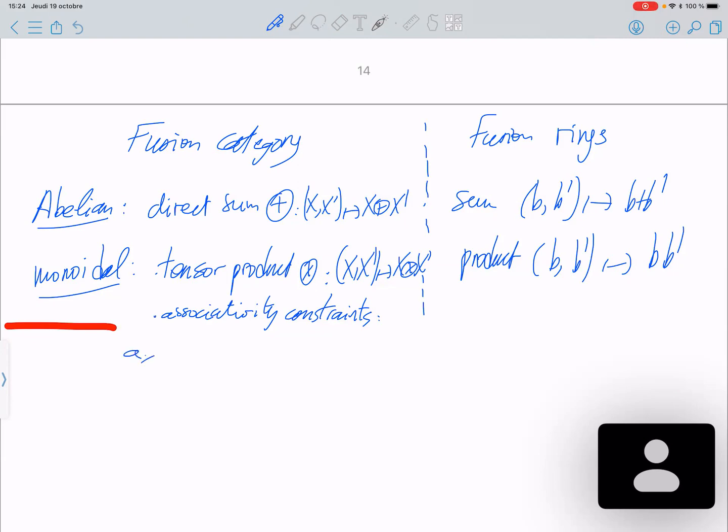So you have a natural isomorphism written as a family of isomorphisms between (X tensor Y) tensor Z and X tensor (Y tensor Z), satisfying the pentagon axiom.